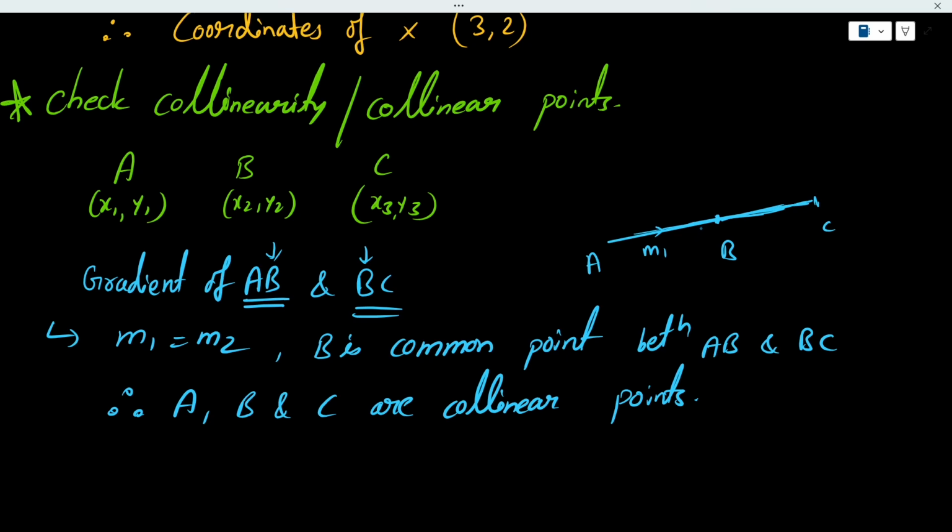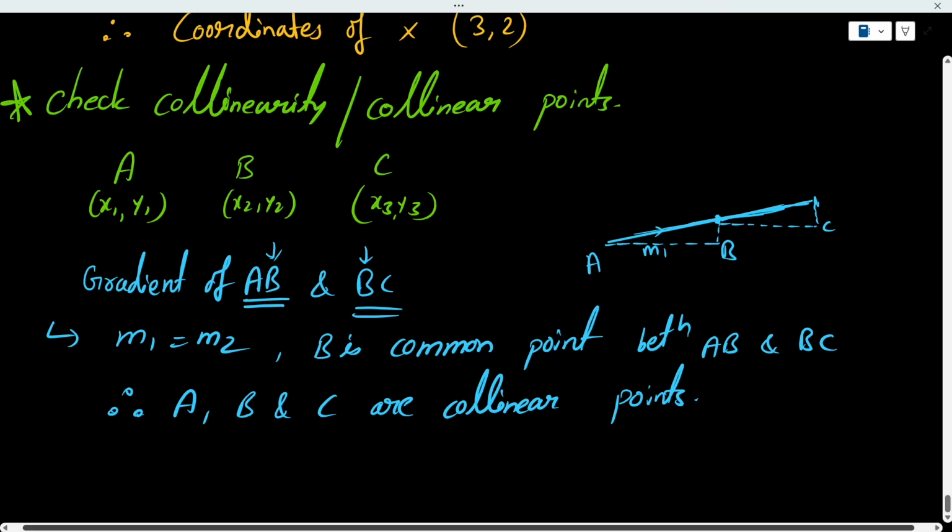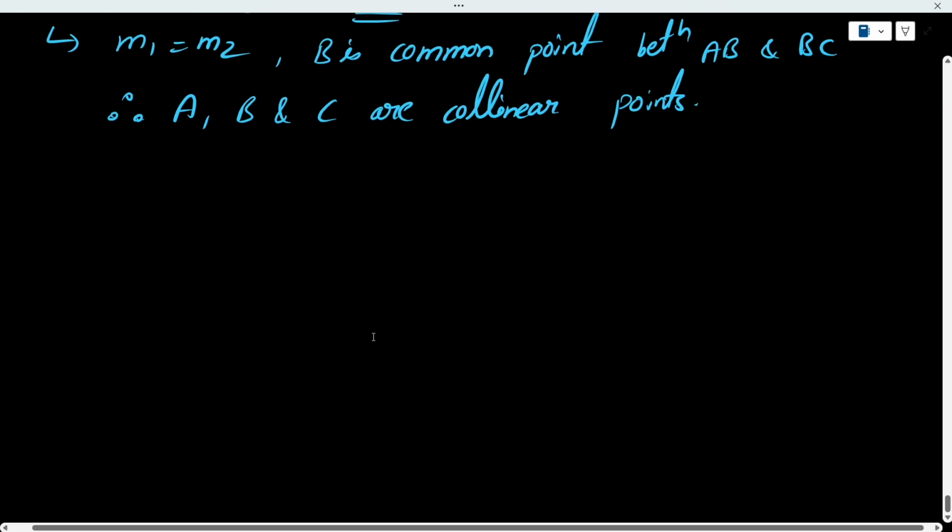Whatever rise over run is in AB, the same rise over run will be in BC. That means all 3 points are on a straight line. So for collinearity, you find the gradient of any two lines, and if they have a common point, you can say that it's a collinear point. So let us see one question based on this.